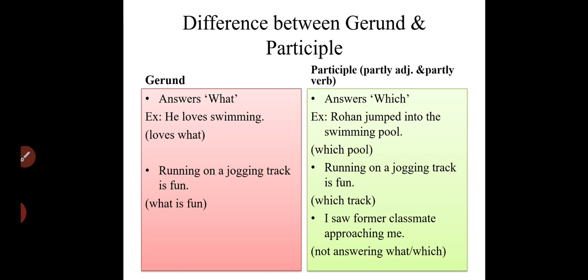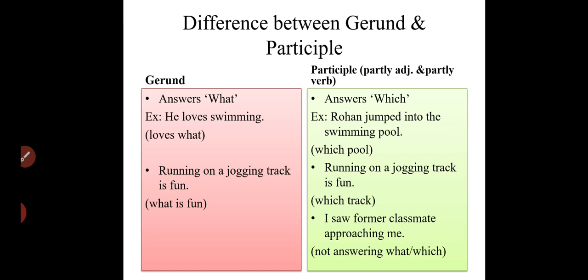We'll see the second example. Running on the jogging track is fun. What is fun? Running on the jogging track is fun. Again, it is answering the question what. On the other hand, if we see the same example, running on a jogging track is fun. Which track?